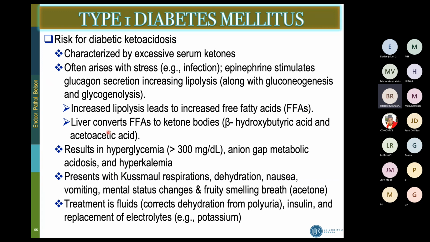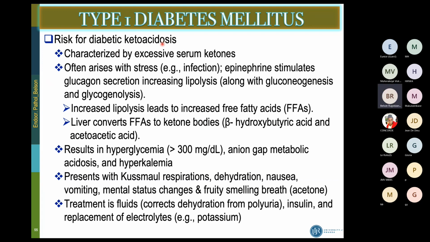And you know that free fatty acids will be converted by the liver into ketone bodies. So when now someone has too much ketone bodies in the blood, it is when we say there is ketoacidosis, because they are acids. As you see, there are acids. So the person will have what we call diabetic ketoacidosis.